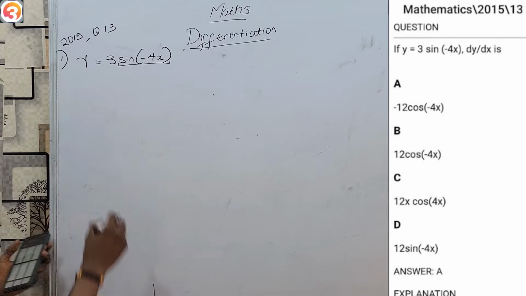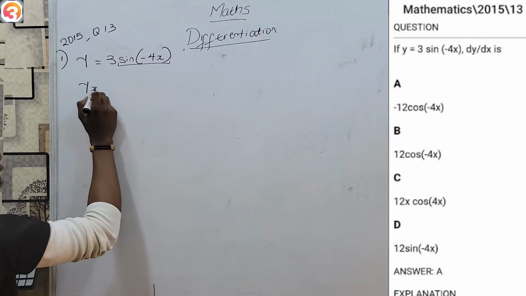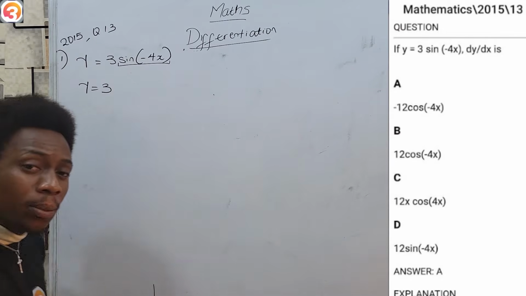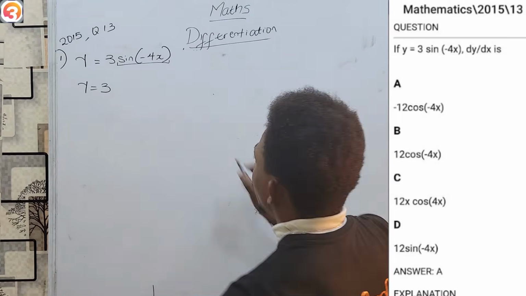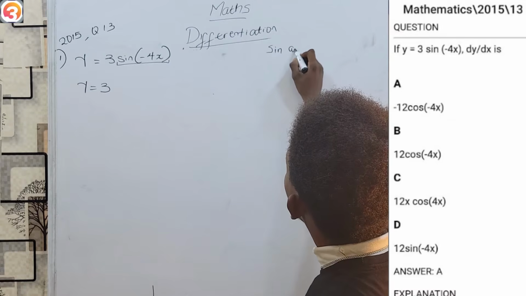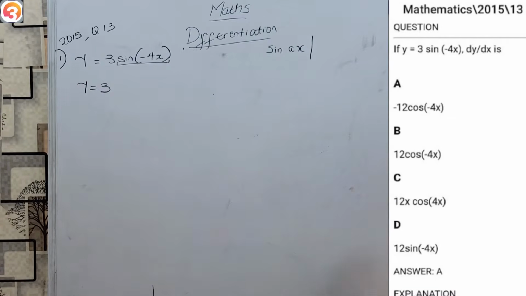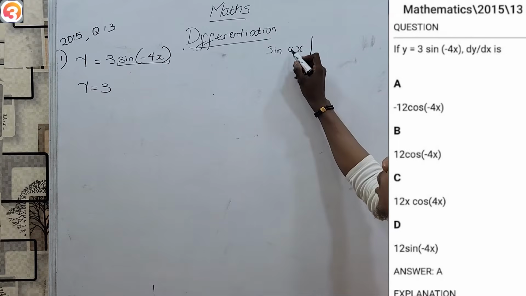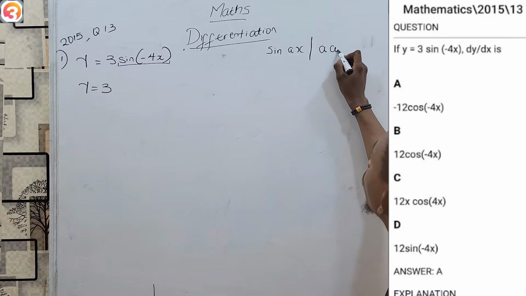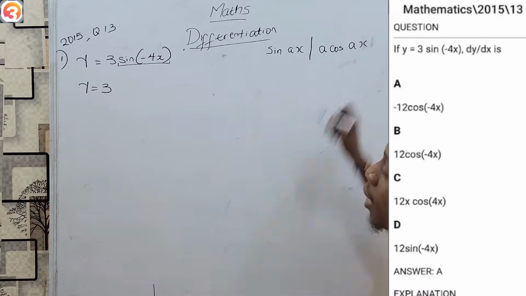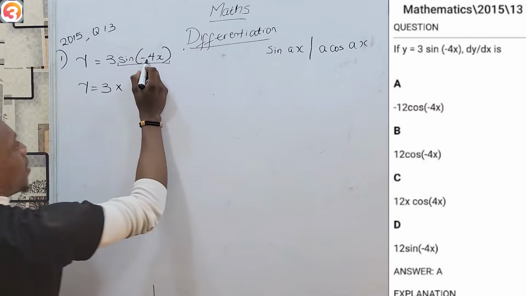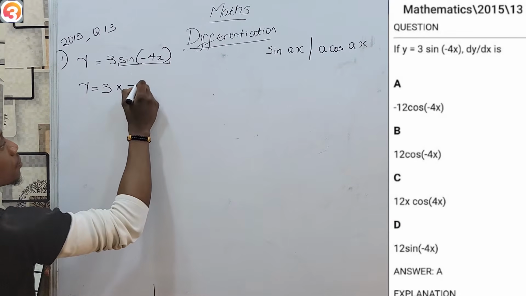So how do I do that? Well, y equals 3, then you check your table of standard derivatives. This sine minus 4x should remind you of sine ax. And in your standard derivatives, we know that this a would come out, and now we have cos, then I write ax back, which means that in this case, my minus 4 will come out.